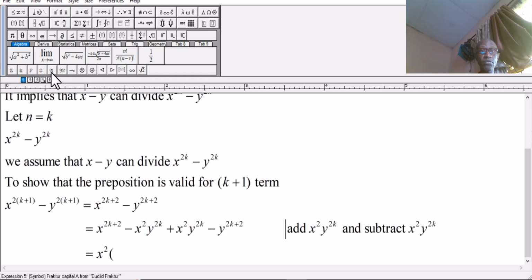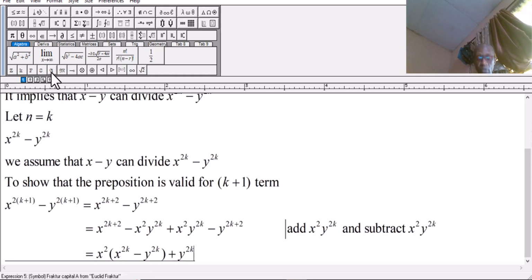So we now have x squared times x raised to 2k minus y raised to 2k, plus y raised to 2k times x squared minus y squared.